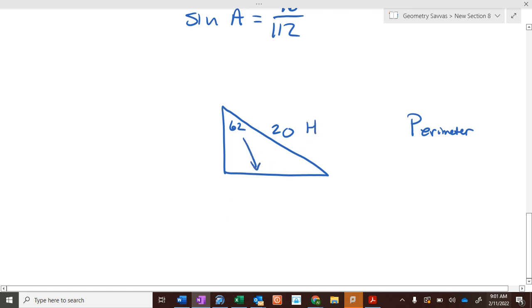So how do we find the opposite side? What trig function is the opposite over hypotenuse? Sine. So the sine of our 62-degree angle is our opposite side. Let's just make this x, make this y. Is x over the hypotenuse of 20. How do we get x alone? Multiply by 20. So somebody on your calculator take 20 times the sine of 62.